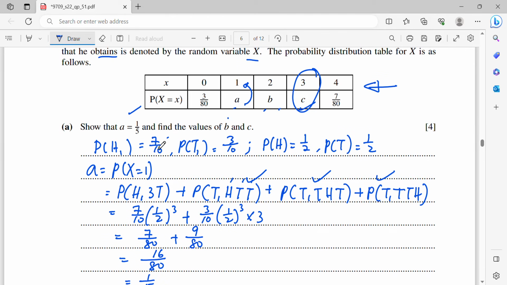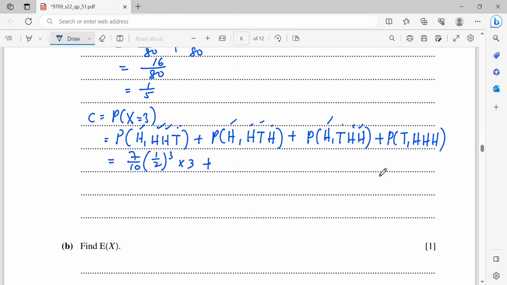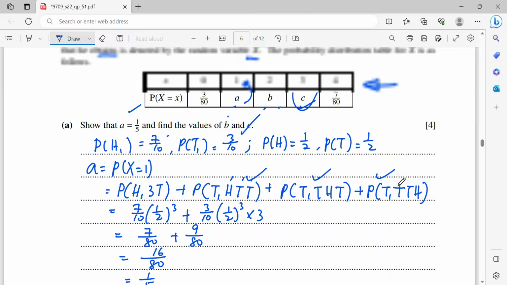The T1 is 3 over 10. So here it's going to be 3 over 10. Then H is half, and there are 3 times, so power 3. Then I will get 21 over 80 plus 3 over 80. Then your C is going to be 24 over 80, which is same as 3 over 10. Okay, that's my C.